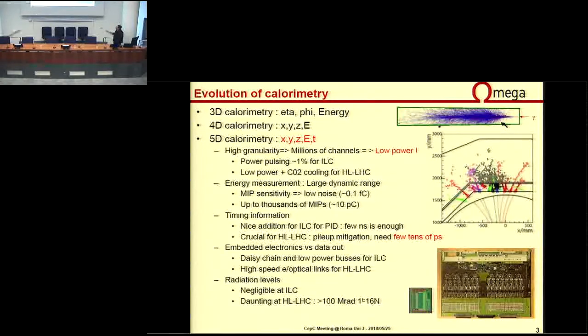However, all of these measurements don't have the same impact depending on the detector that you plan to use. In all cases, high granularity means a lot of channels, so you have to be very low power. This is true for all the detectors, but some have advantages versus others.